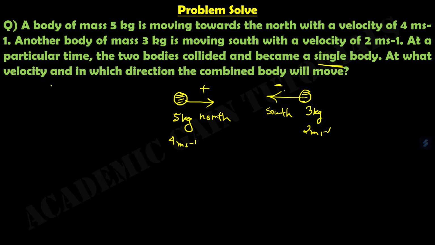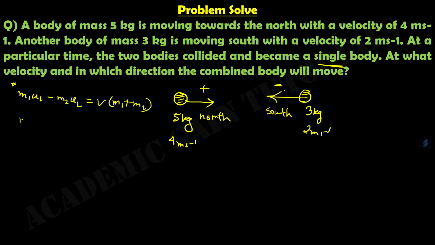Now we know for this kind of situation the formula is m1 u1 minus m2 u2 equals v into m1 plus m2.